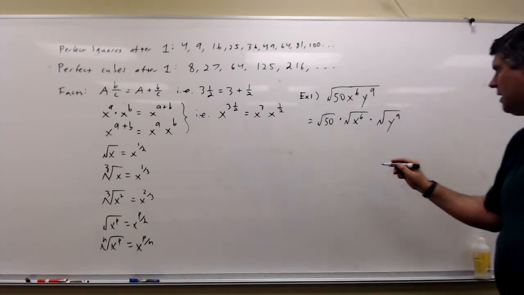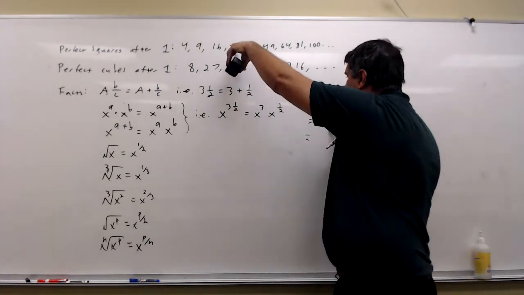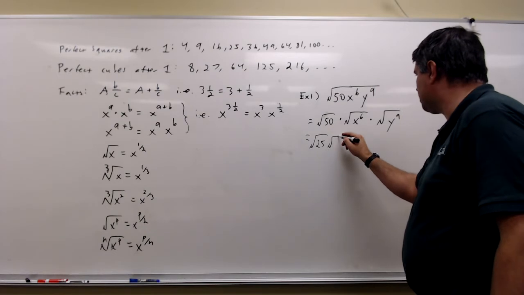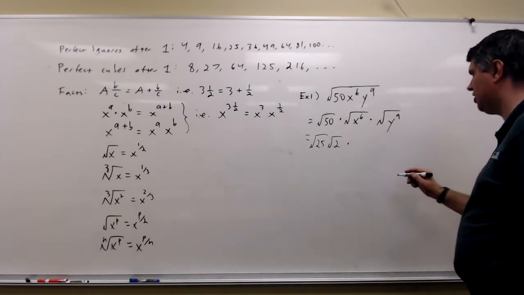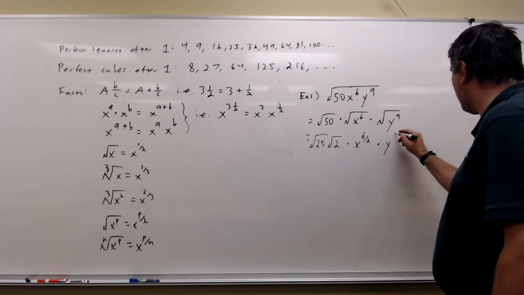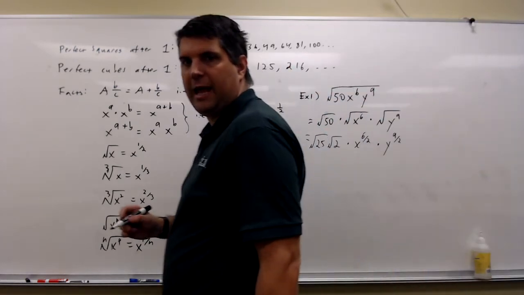Okay? And 50 is divisible by the perfect square of 25. So I got the square root of 25 and the square root of 2, because 50 divided by 25 is 2. This would be x to the 6 over 2. This would be y to the 9 over 2. Okay?